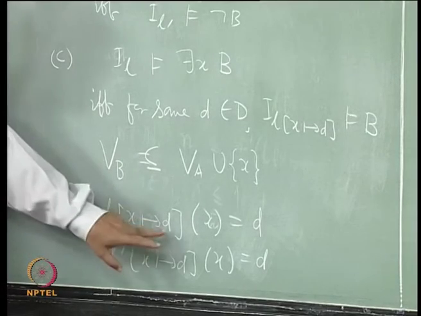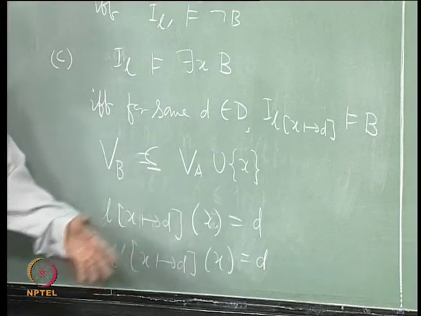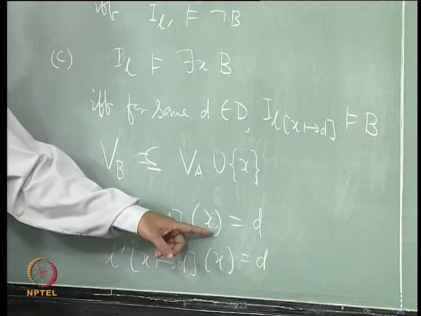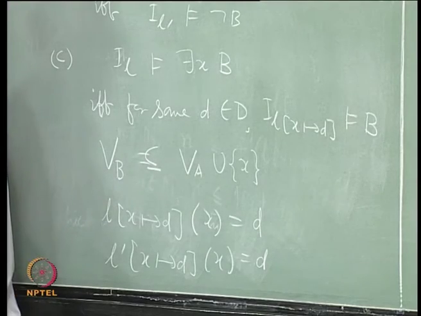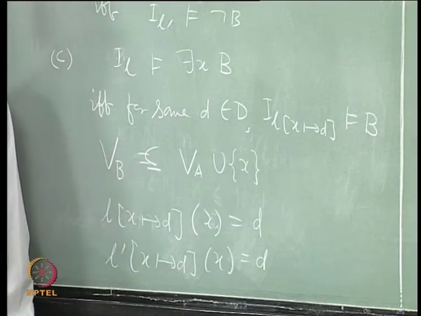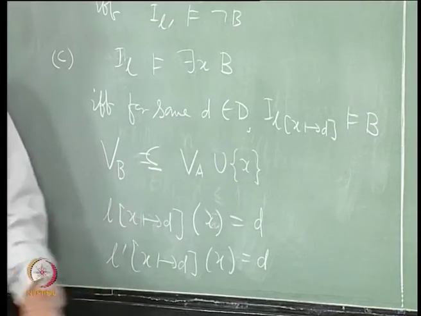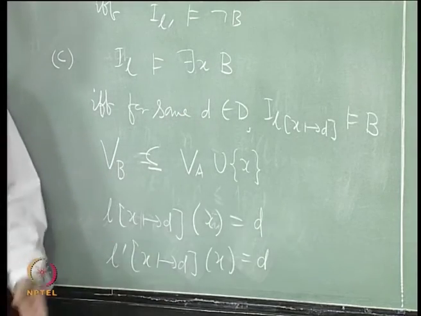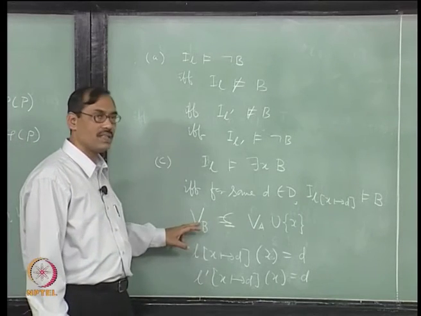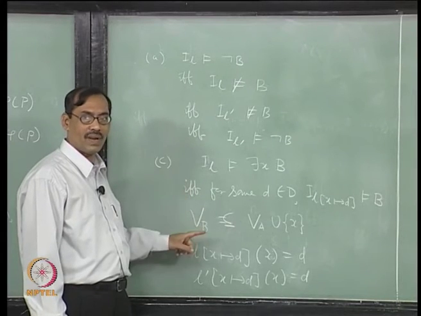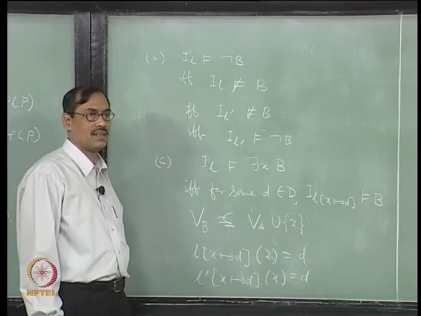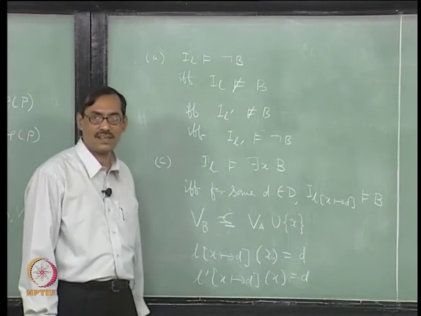So, you have to verify of these valuations on any y, but that is not difficult, because L x fixed to d of any variable y is equal to L of y, and L prime x fixed to d of y is also equal to L prime of y, and L of y and L prime of y agree, right. So, these two also agree, fine. Therefore, these two valuations agree on all the free variables of B. So, we can apply induction hypothesis on L and L prime when x fixed to d, not directly on L and L prime. Is it clear?